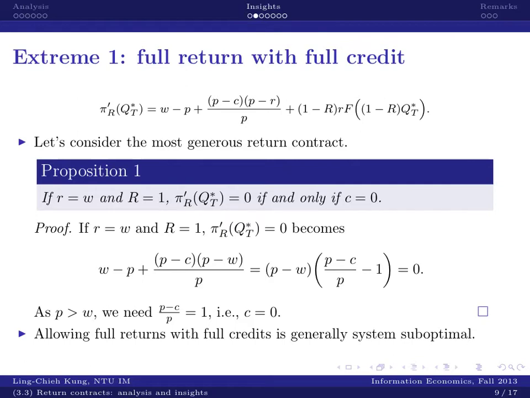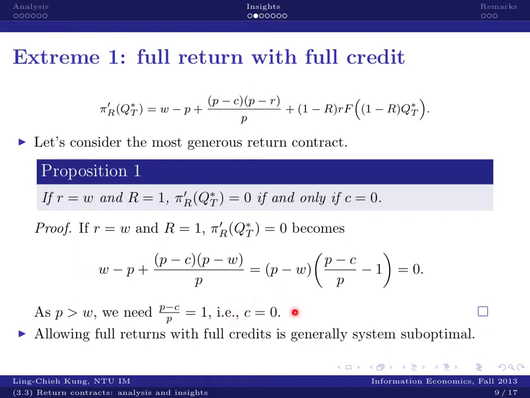So mathematically we showed that. What's the interpretation of that? Well, what we learned from that proposition, from those mathematical derivations, is that if the manufacturer allows full returns with full credits, then the system would generally be suboptimal. That means the retailer would generally not choose the system optimal quantity.